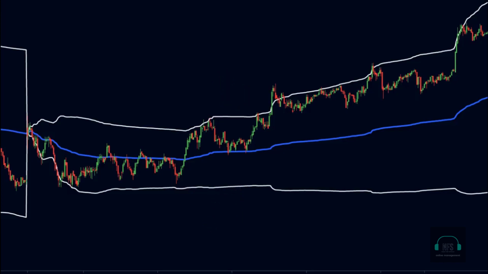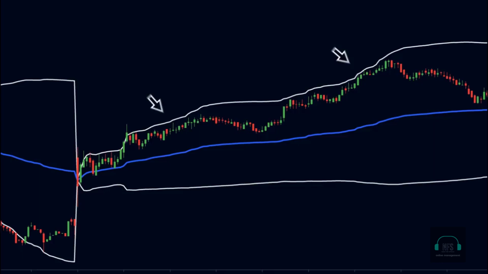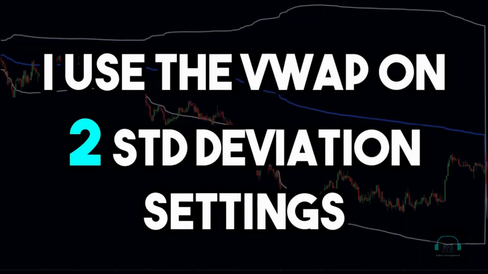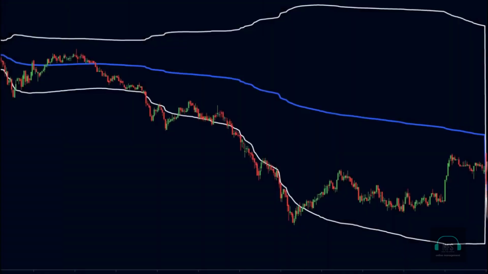But at the same time, in a strong uptrend, the price will move around the upper band without any difficulty. Similarly, in a strong downtrend, the price moves around the lower band without facing any rejection. I personally like to use the VWAP in two standard deviation settings, rather than the default one standard deviation setting.